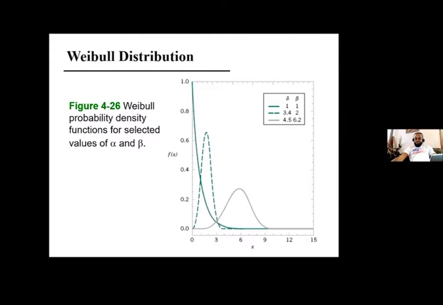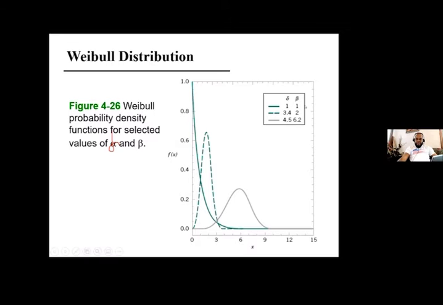Now, the Weibull distribution is kind of flexible at different values of parameters. This is supposed to be delta. Though we have different ways to present the Weibull distribution, right now I'm using the density that considers delta and beta as the parameters.